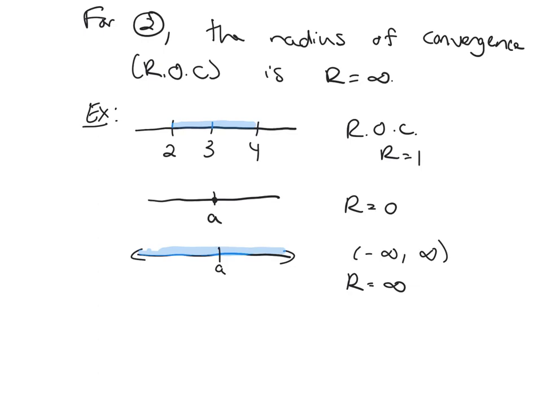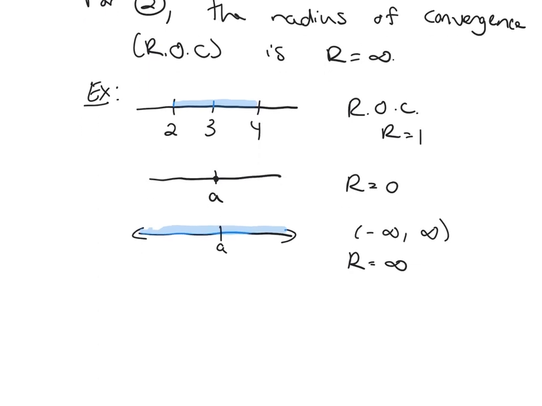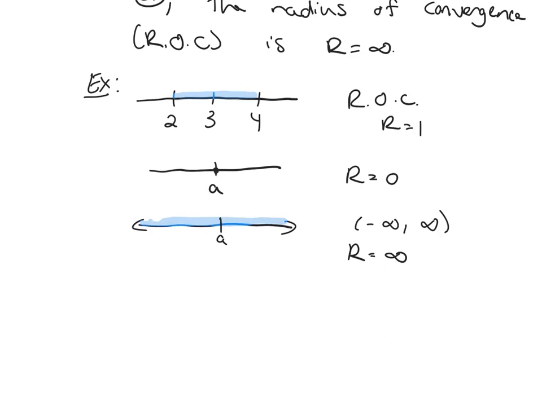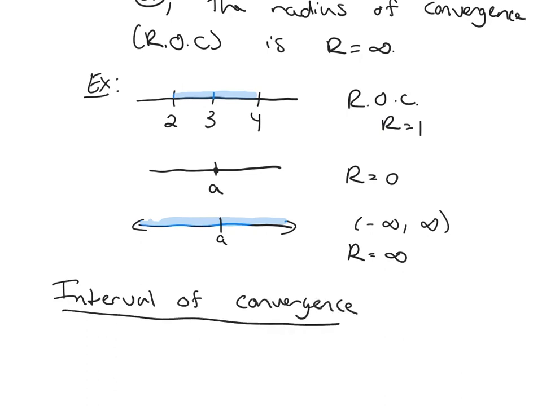Okay. I also wrote here an interval, right? We did that a lot last time. I wrote down the interval of all values where my series converged. And so we're going to call that the interval of convergence, which I will probably abbreviate as IOC.